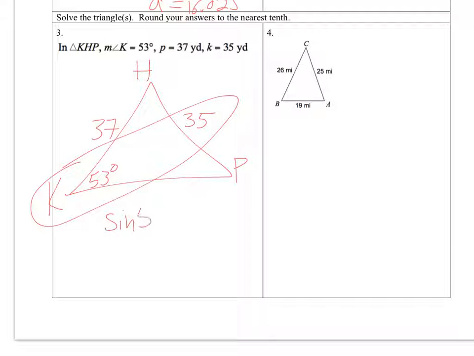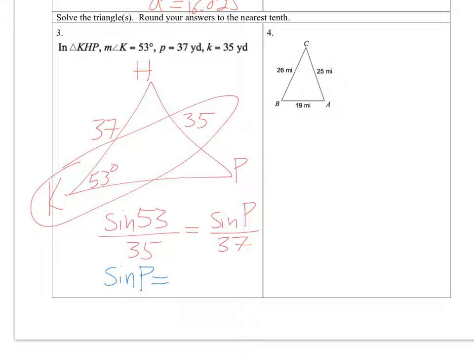So sine 53 over 35 is equal to sine of P over 37. When I do that out, we get sine of 53 divided by 35 times 37.